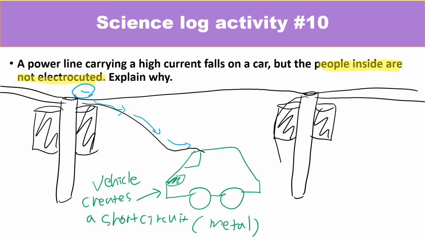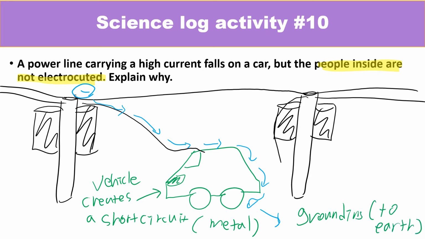They're metals. So it's gonna go down, then connects to the grounding, which is a fancy way of saying electron will go towards the earth or inside of the earth.